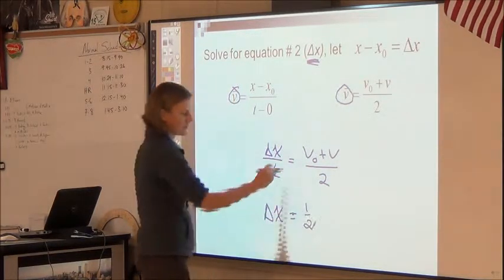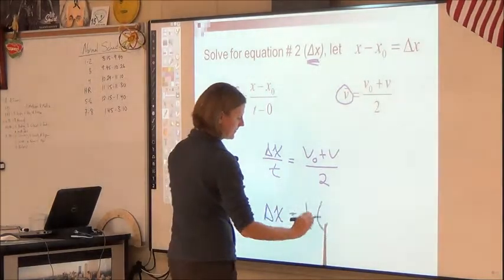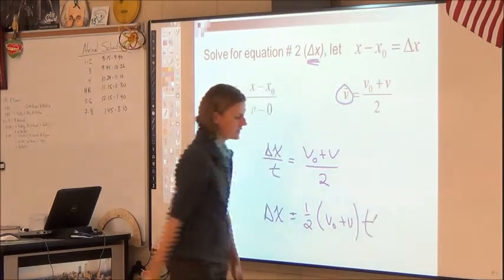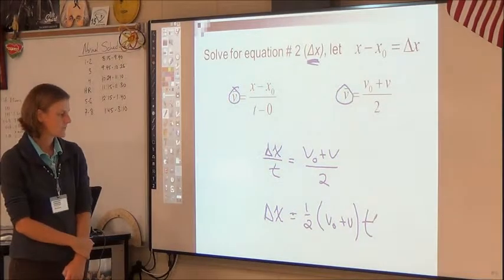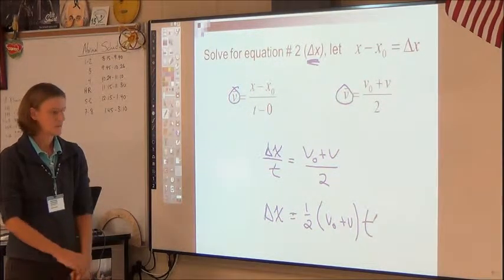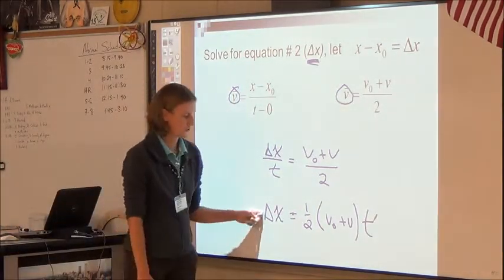Yep, I'm pretty much just moving that t to the other side. But I'm going to put the 2 in front because that's the way it's usually written. And so now we have another motion equation.